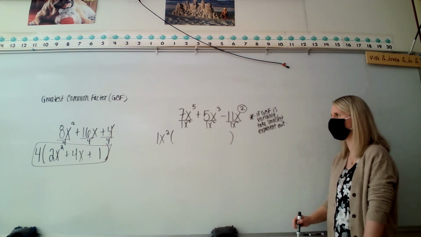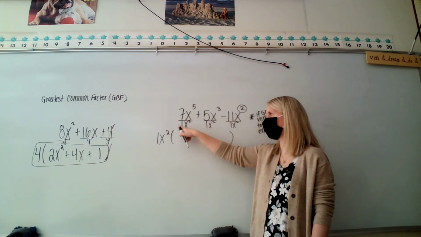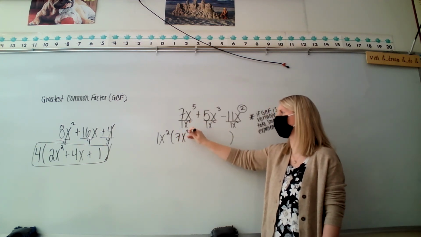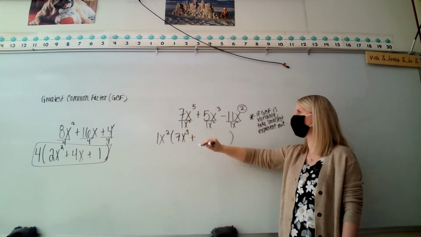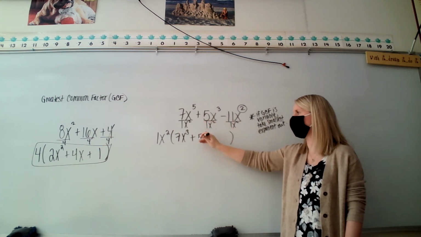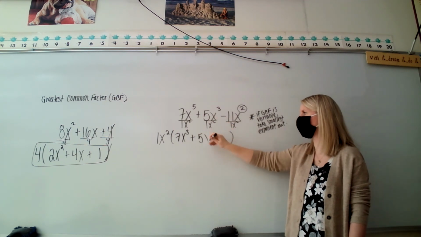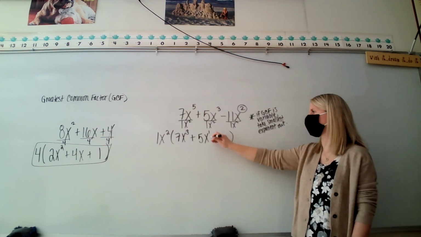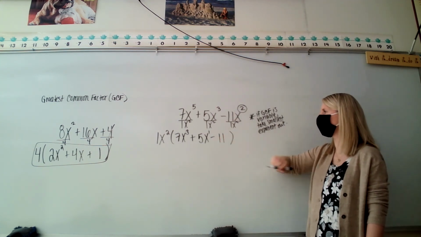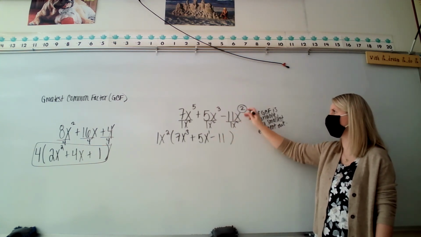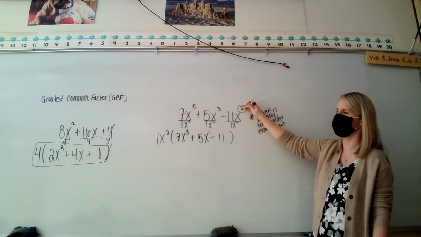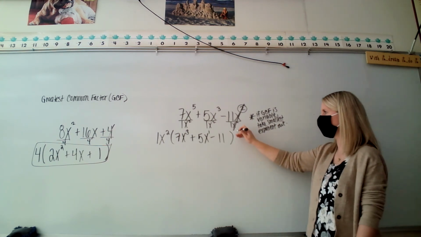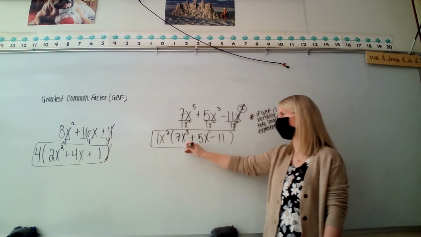You divide the numbers in front, that just gives me 7, but you subtract the exponents, x to the 3rd, plus 5 divided by 1 is 5, subtract the exponents is x to the 1st, minus 11 divided by 1 is 11, x squared over x squared, 2 minus 2 is 0, anything to the 0 power is 1, I can just cancel those. And that, my friends, is what my answer looks like.